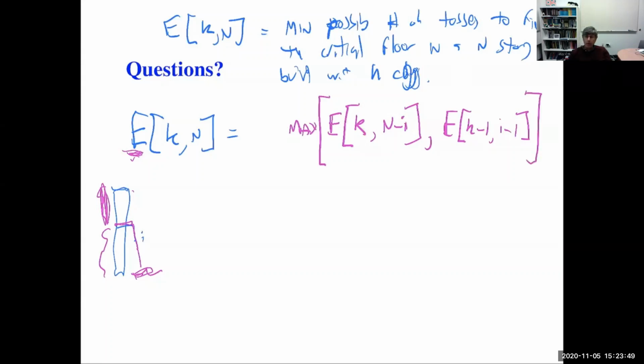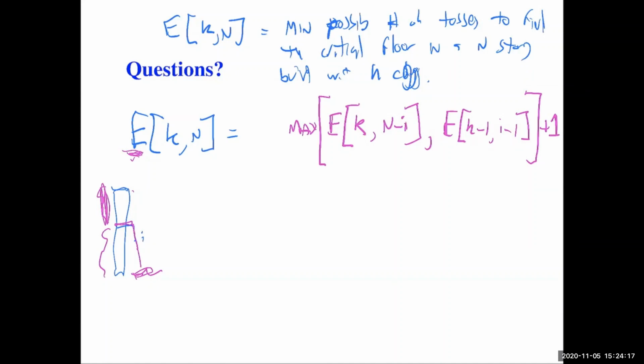Now the cost of doing it, if I tossed it off on the ith floor, will be the bigger of these numbers, plus, I claim, 1. What is that plus 1 going to be? That's actually making the toss on the ith floor, right? We spent 1 toss. This is the toss that we made on the ith floor.